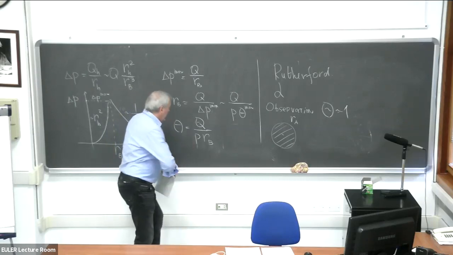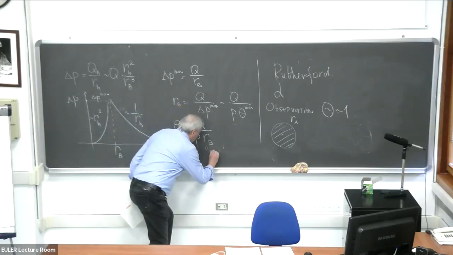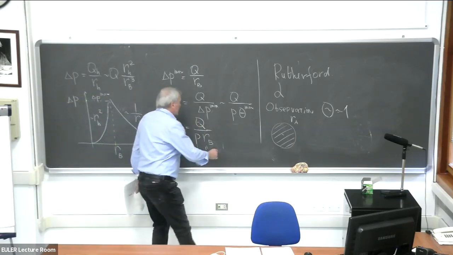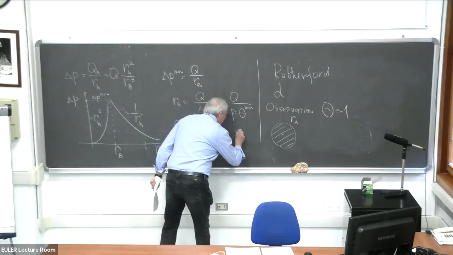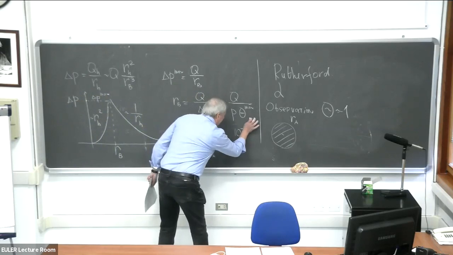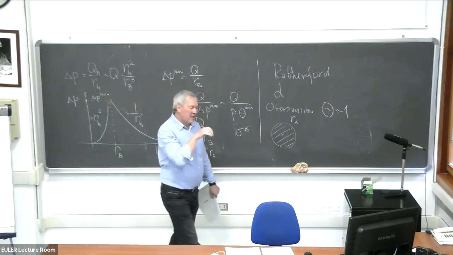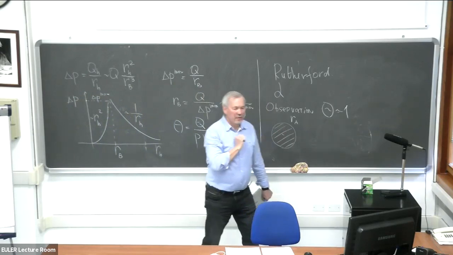And if you use here, say, the radius of the atom, then you would get that the angle is something like 10 to the minus 6, which means that all the particles, all alpha particles, are expected to move along the original direction.